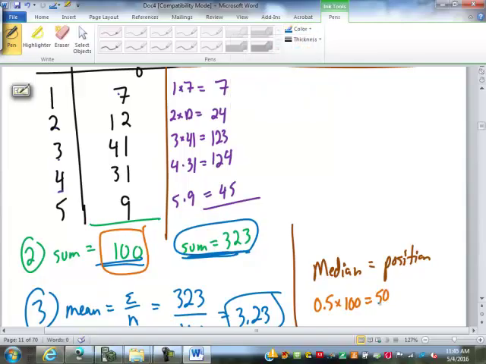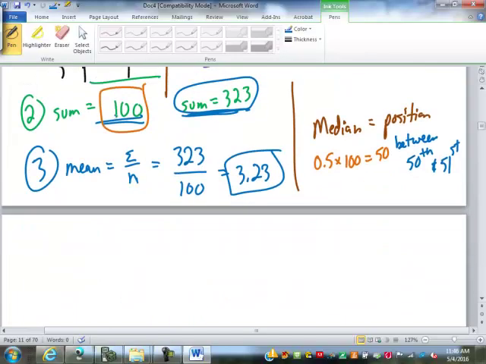Remember, if that comes out to be a whole number, it is between that number and the next one. So it's between the 50th and the 51st number. Well, where would that be in our list here? Well, we start at 1. There are 7 ones.